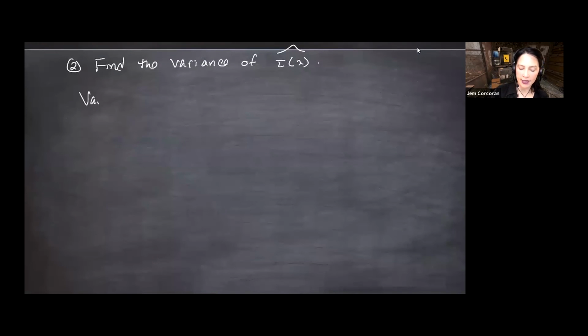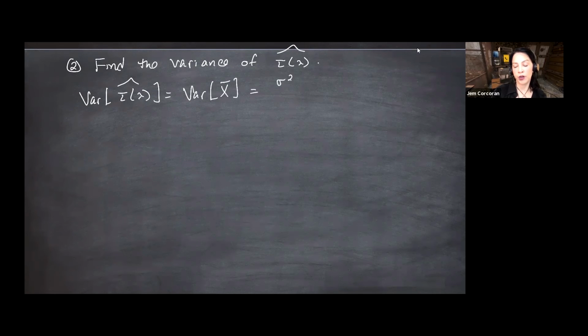The variance of tau of lambda hat is the variance of x bar, and we showed last time that this is sigma squared over n, and sigma squared represents the variance of any one of them. So for the exponential distribution, if you check out the variance column, the sigma squared is 1 over lambda squared.